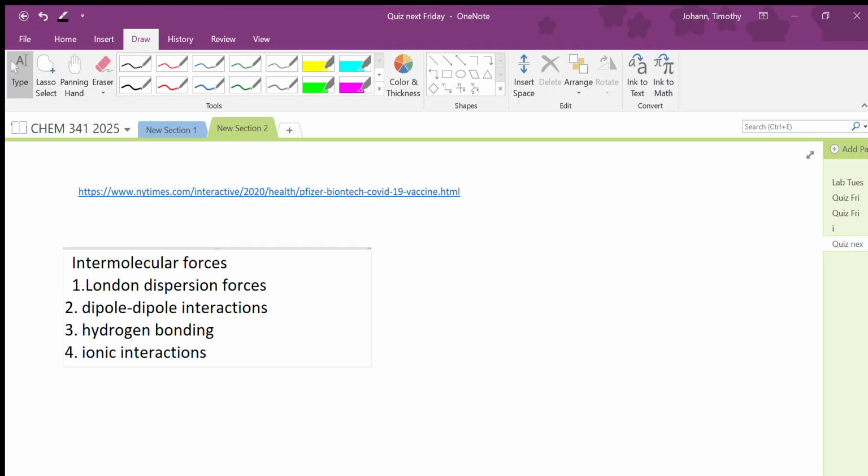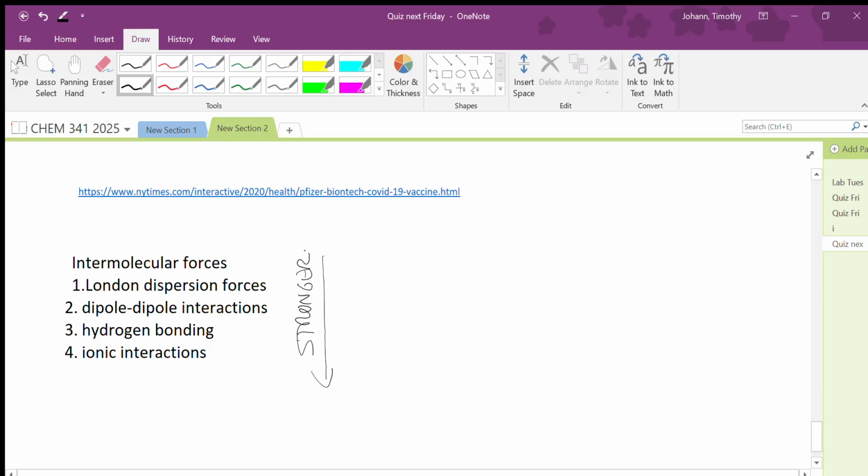But for my point, what can we say about the strength of these in the order they're written? They get stronger as we go down. Okay, so these are stronger. What else can we say as we go from the top to the bottom that you use to explain 90% of chemistry?